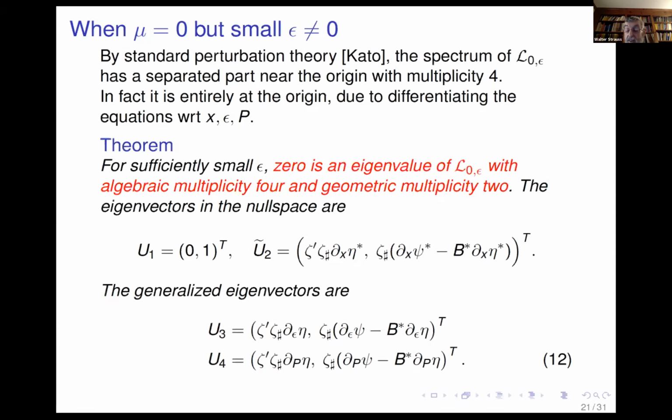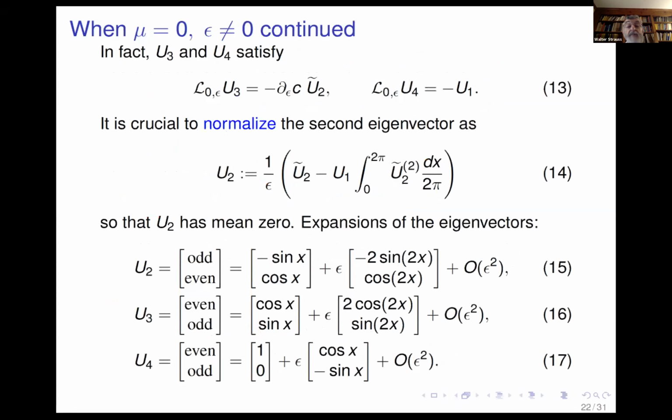The other 2 are generalized. They satisfy equations 13. That is, L of U3 and L of U4 aren't 0, but they're equal to multiples of the other ones. And we also normalize. That turns out to be important. Then we have U1, U2, U3, U4, which are those eigenvectors, and they have these expansions, which we explicitly use later on.